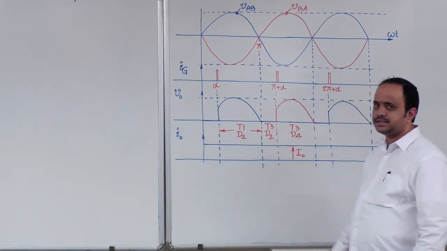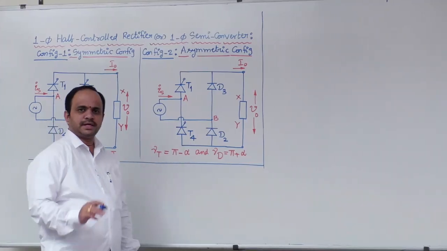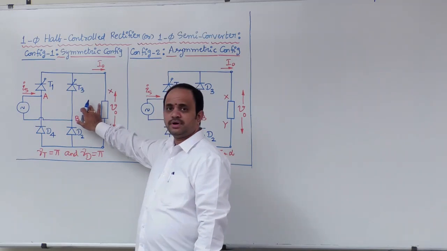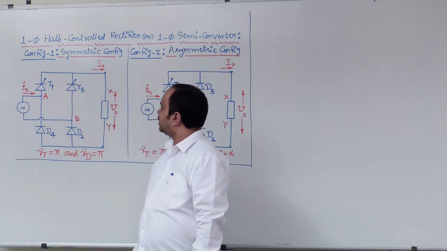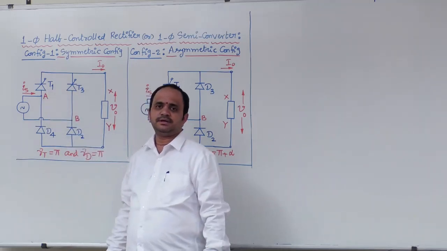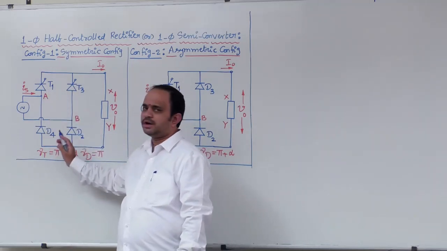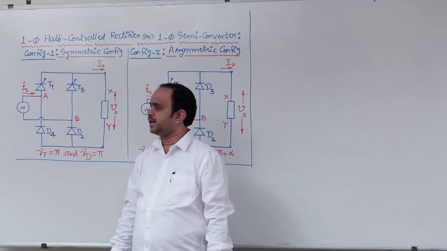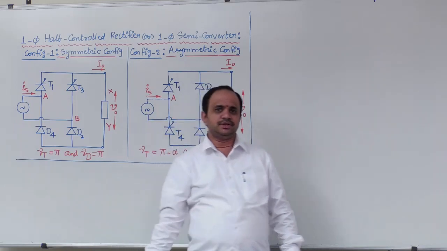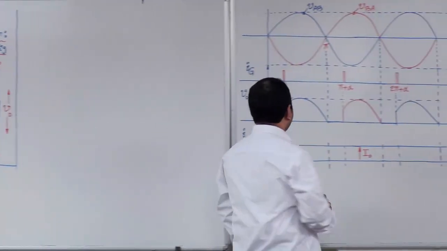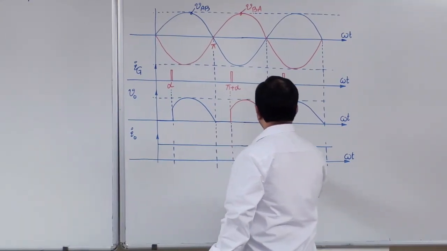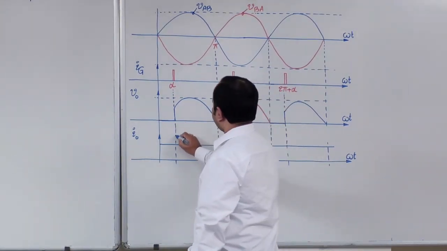Let us look into one special case, especially for symmetric configuration. What is a symmetric configuration? Upper half devices are thyristors, lower half devices are diodes. Now, for this particular circuit from the previous lecture, you can just quickly draw the output voltage waveform. Okay, this is from our previous lecture V0 waveform.